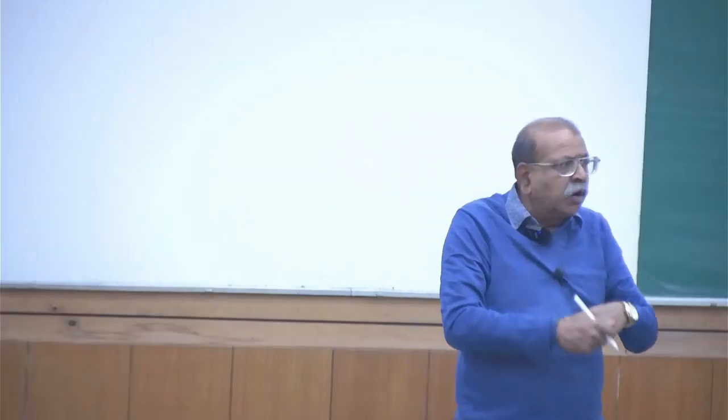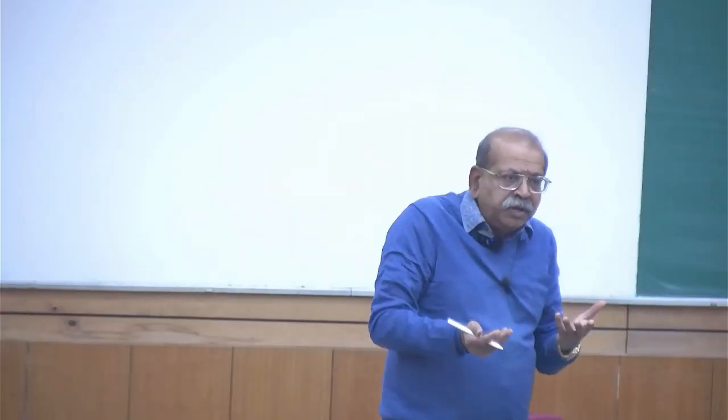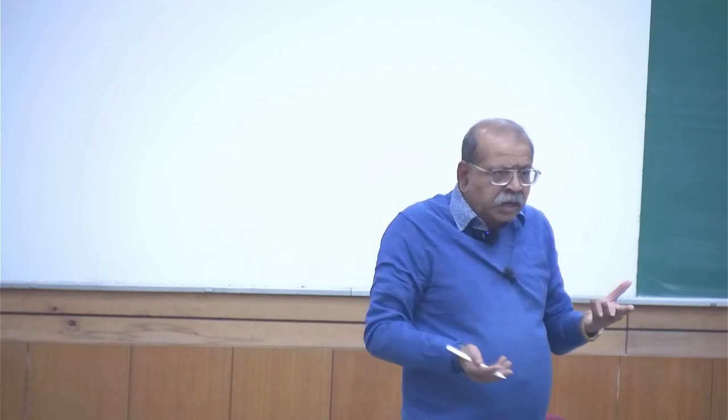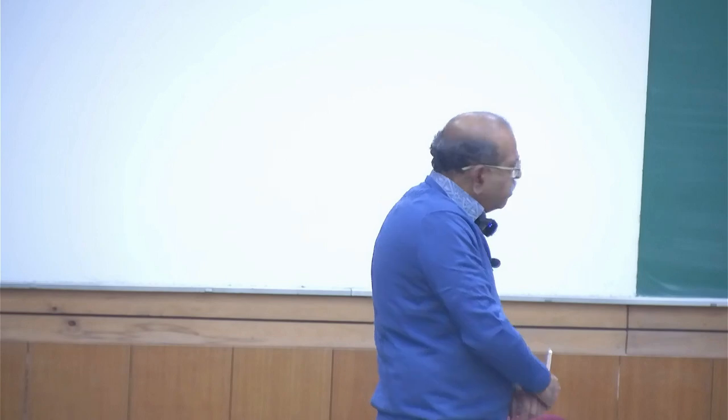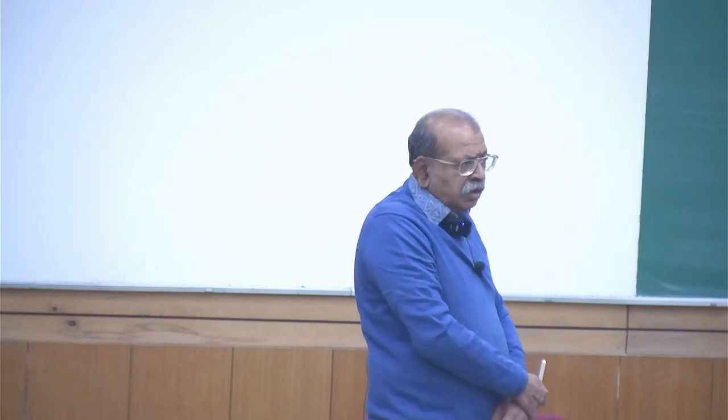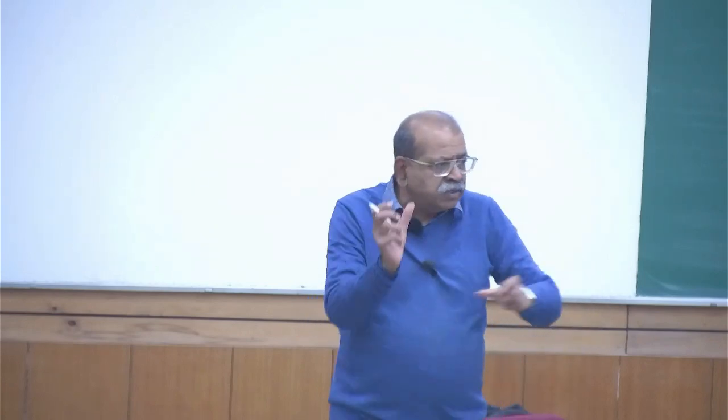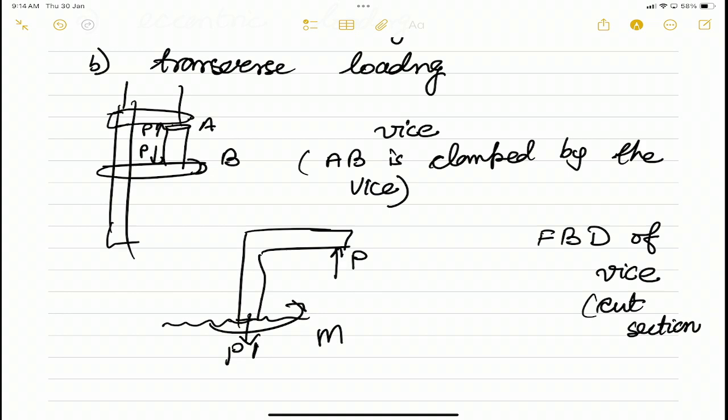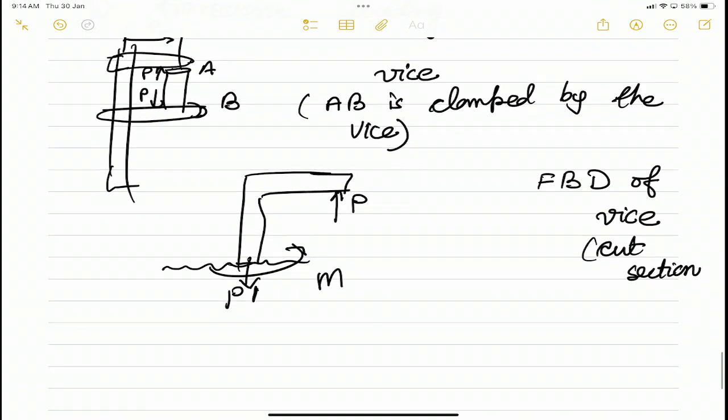Okay. Now, what is P prime equal to? If we do now equilibrium analysis, P prime will be equal to P. And what will be the moment M equal to? It will be P times this horizontal distance. So let's say this distance is E. So what I will get is M plus P times E is equal to 0.